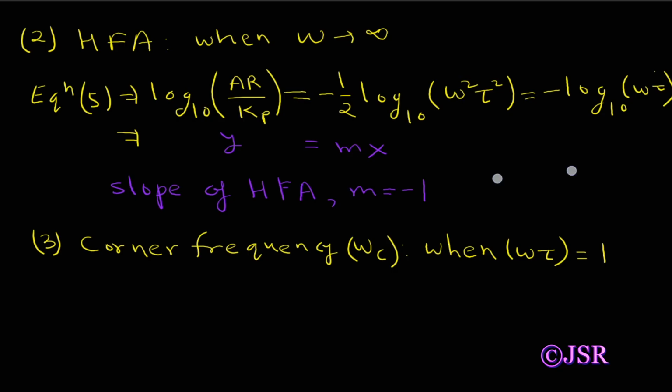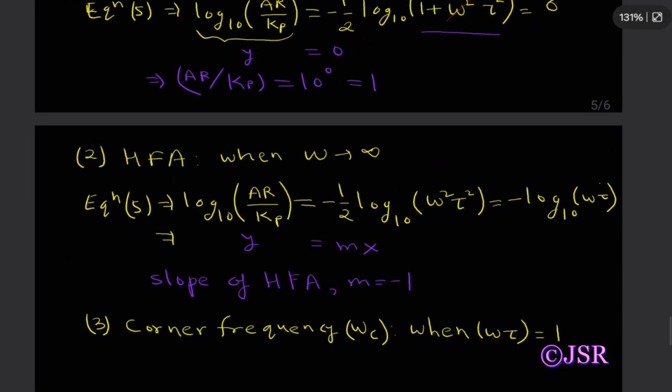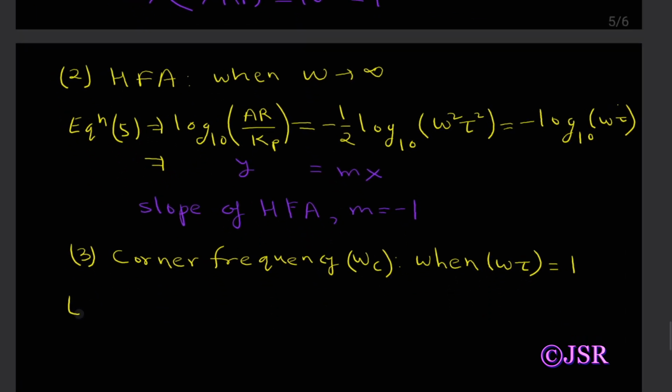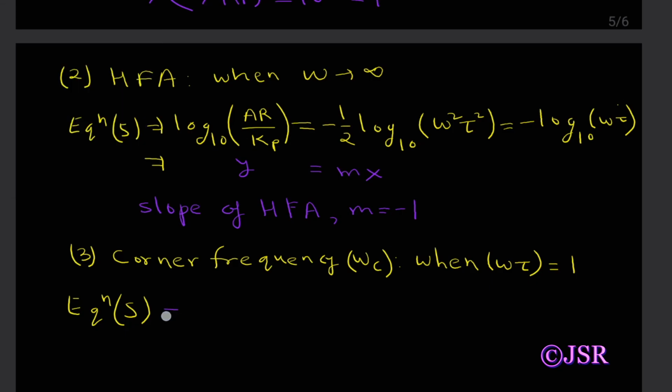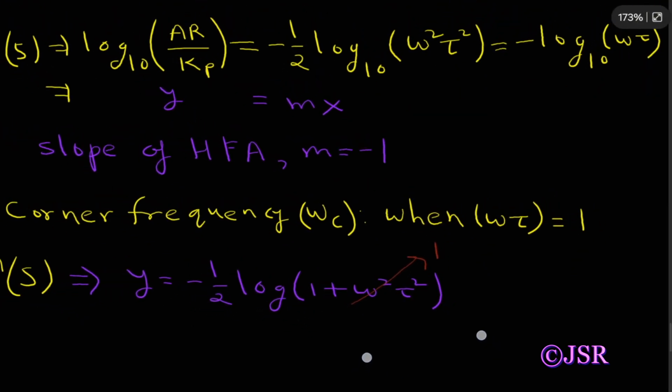So when omega tau equal to 1, from equation number 5, y equal to minus half log 10 of 1 plus omega square tau square, and this omega tau is equal to 1. So we will have 1 plus 1, 2.